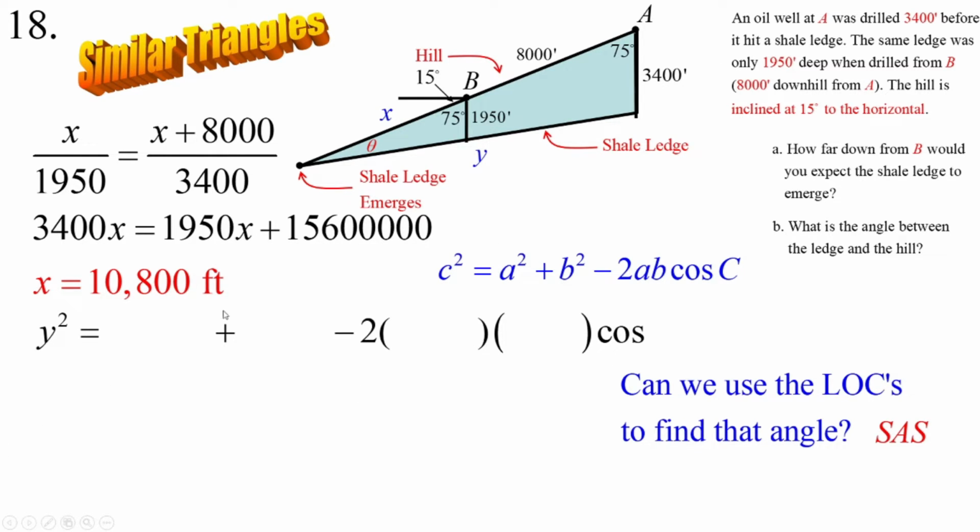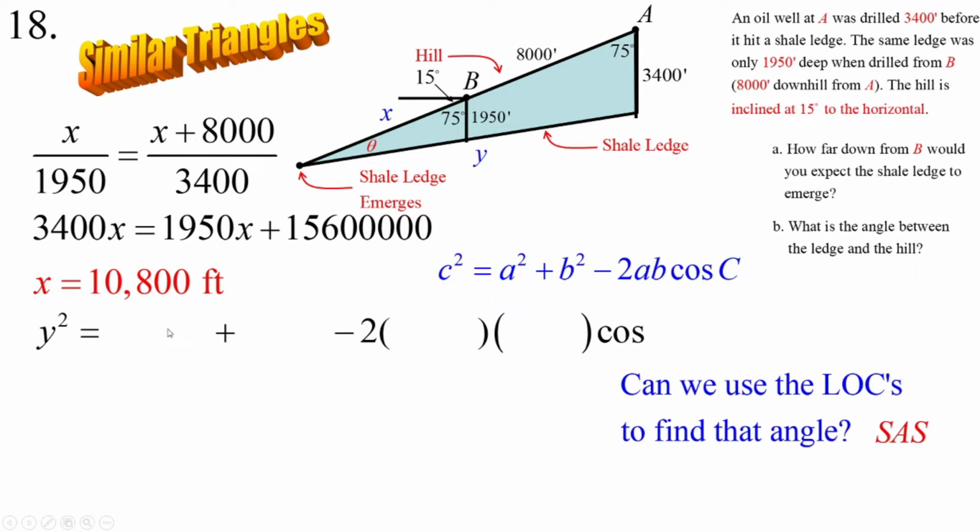So that y squared would equal, okay, and now you think about this, you've got all these adjacent sides to this 75-degree angle right there. So what was that x again? That was approximately 10,800 plus 8,000. So this whole side right here is approximately 18,800.